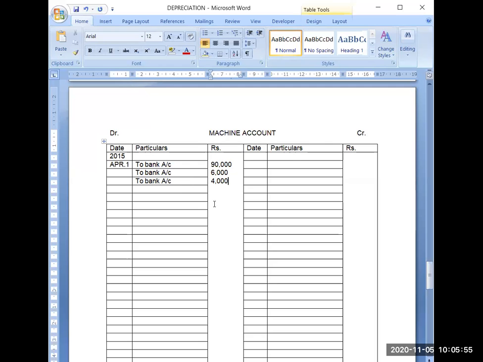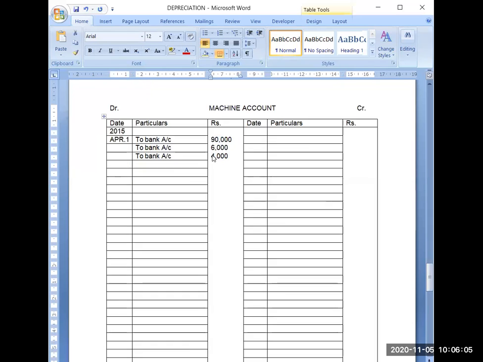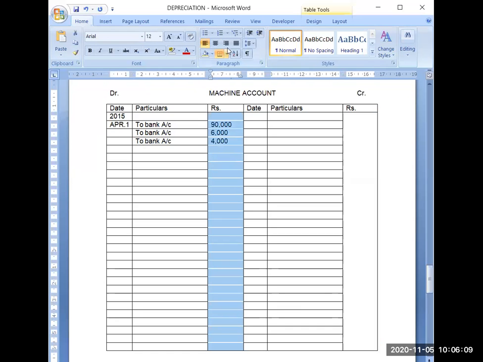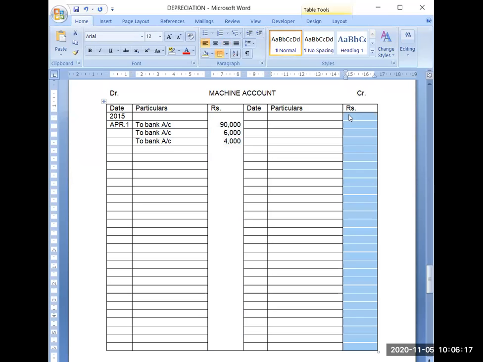It will waste your time and decrease your speed also. So I request that you always keep your amounts right-side aligned. I have told you that many times. Now it will look proper. So all these things need a lot of practice. This will happen only when you practice the things properly.